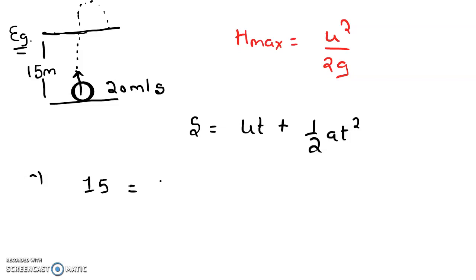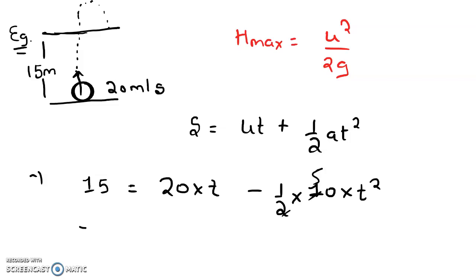What is u? 20, into t, which I need to find, minus, because acceleration is acting downwards, so I take acceleration as minus 10, into t square. So 5 t square, and this is 3. I'm just arranging the equation: t square minus 4t plus 3 equals 0.